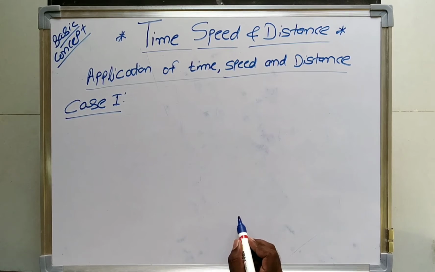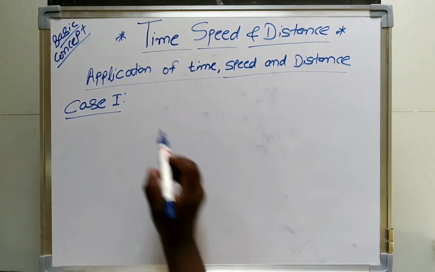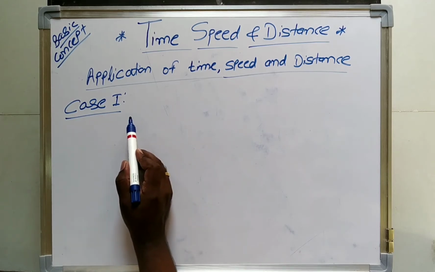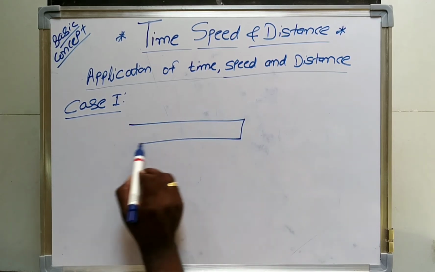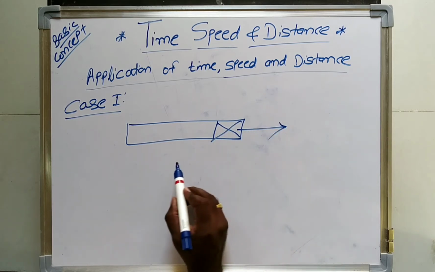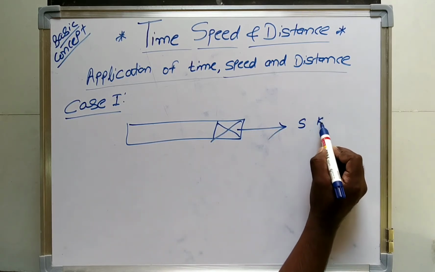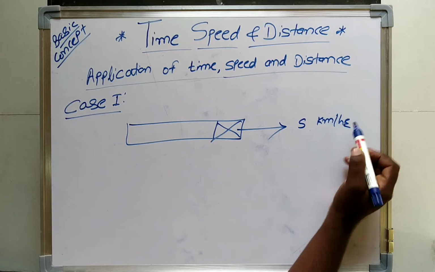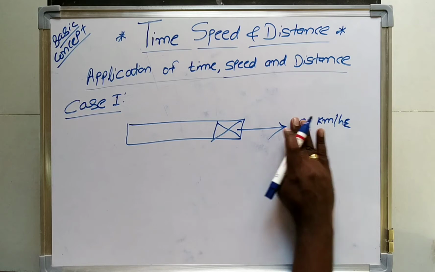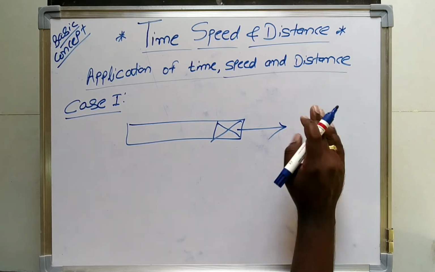Now we will see 4 important cases for solving the problems on trains. Case first, if a train is crossing a pole, suppose this is the pole.